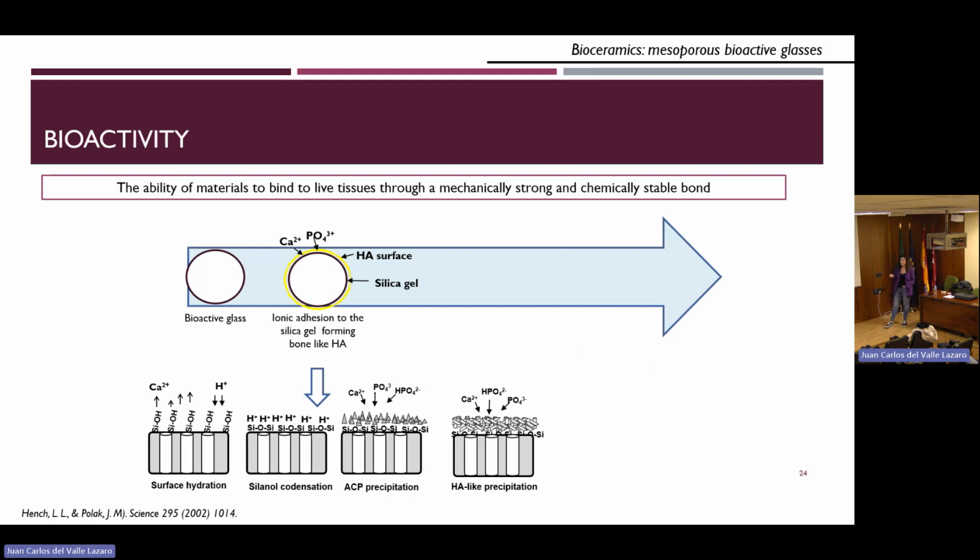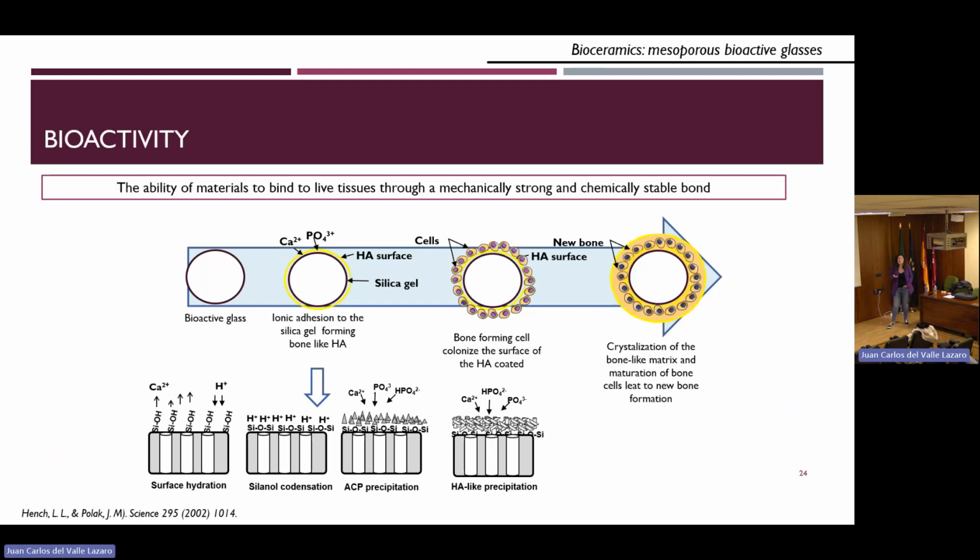This happens because there is an exchange of calcium with the media, and then an amorphous calcium phosphate precipitates and evolves into a hydroxyapatite-like mineral, which is the same mineral that we have in our body. That's why they can bond strongly, because they're literally the same. Then our osteoblasts will come and colonize the surface, because they recognize the hydroxyapatite, and then we will be able to create new bone.